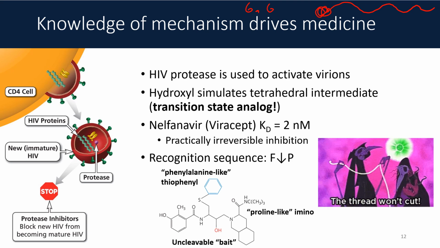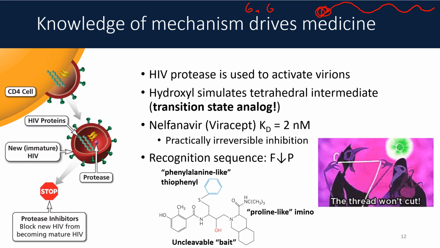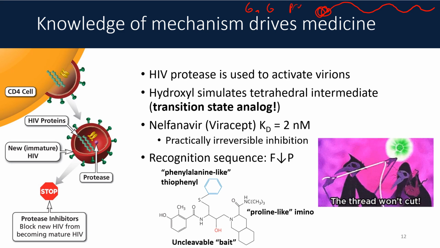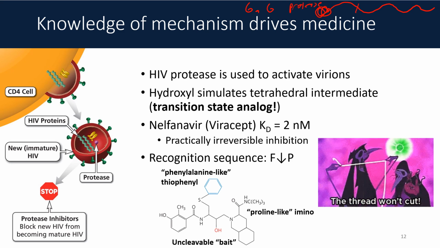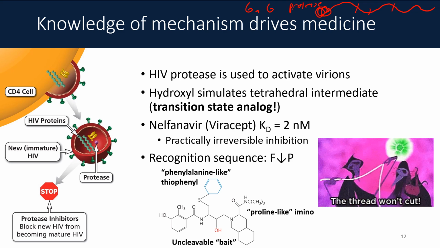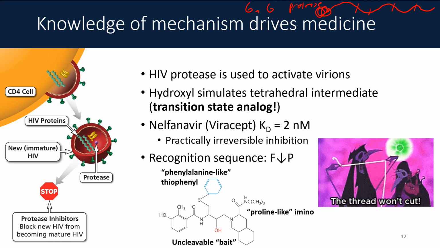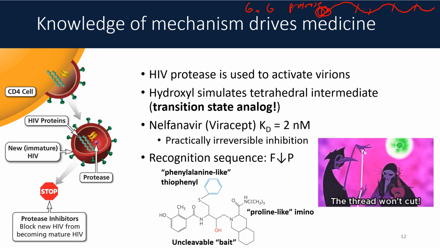And how this GAG polyprotein works is there's usually a protease domain at the end, all folded up. And there are cleavage sites, recognition sites that the protease will attack that I've marked here with these little notches.